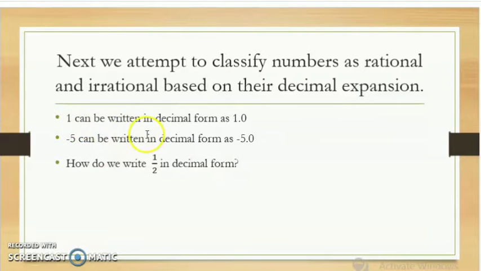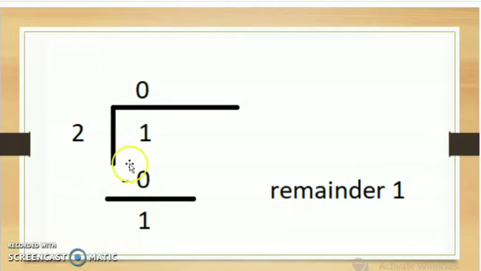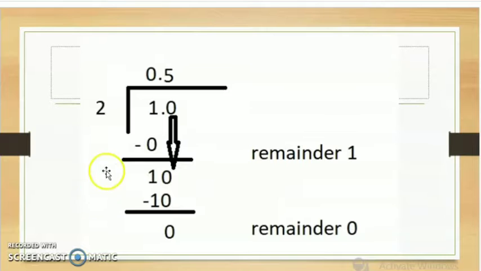We know that 1 can be written in decimal form as 1.0, and negative 5 can be written as negative 5.0. So how do we write 1 by 2 in decimal form? Let us recollect, we divide 1 by 2. First we have 0 times, the remainder is 1.